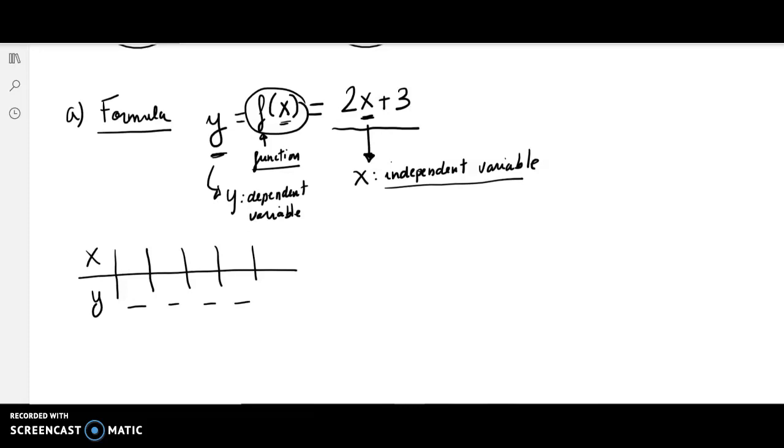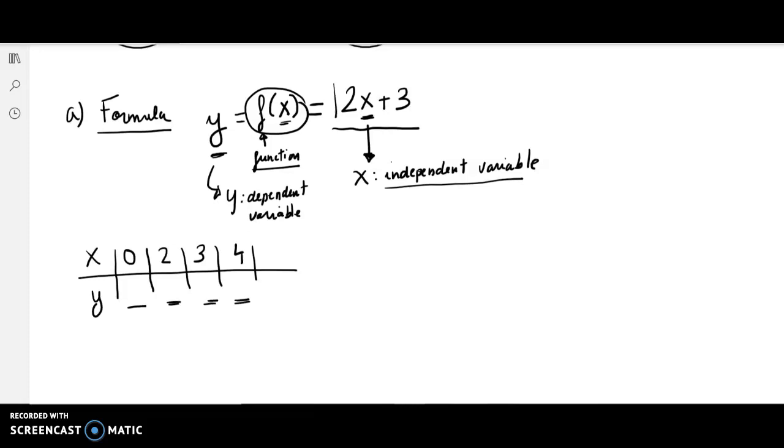So for example, let's write the 0 for the x, the 2, the 3, and the 4. Okay? I can write also negative numbers, but in this example, I'm going to put only positive numbers. So what are the results here?